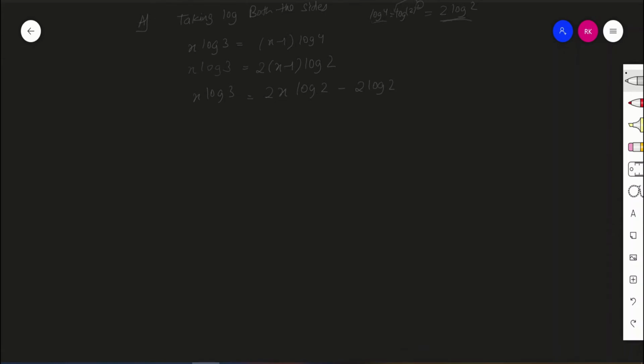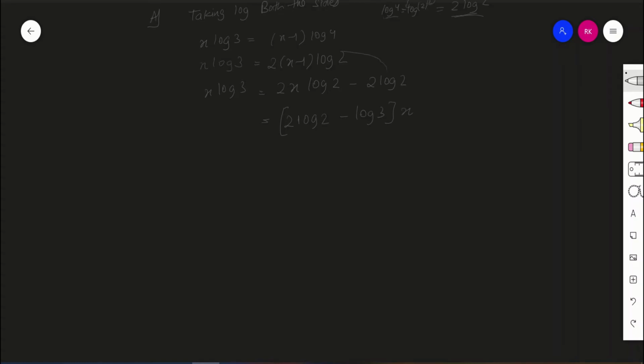So, like terms on the right hand side, so 2 times log 2 minus log 3 into x, and this term on the LHS side, so 2 log 2.